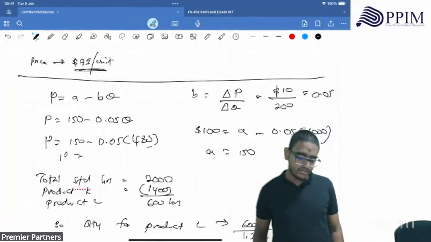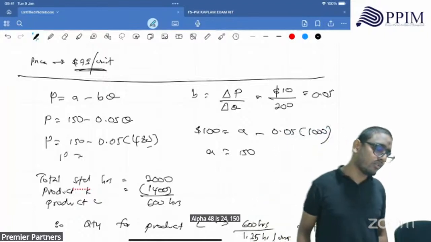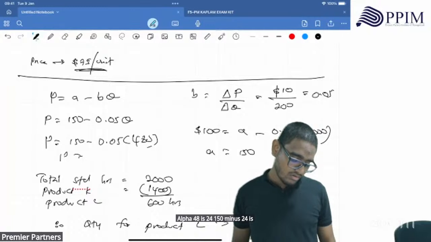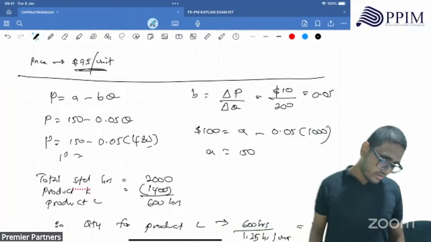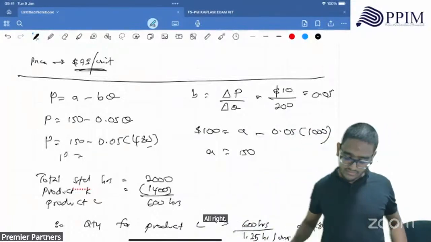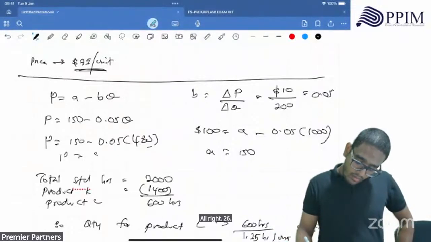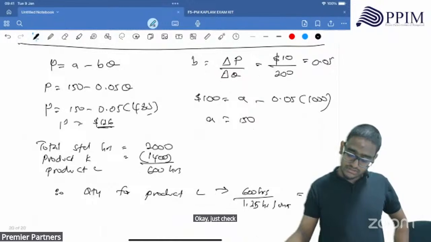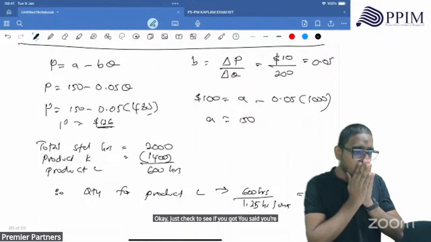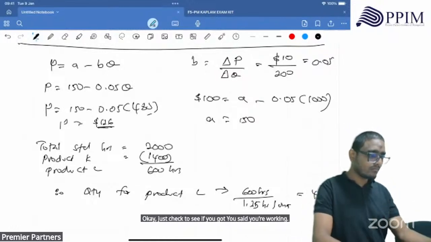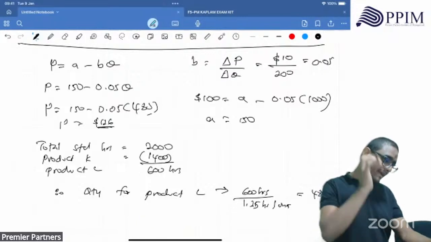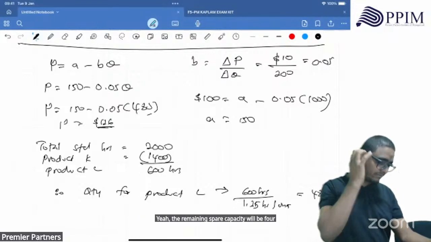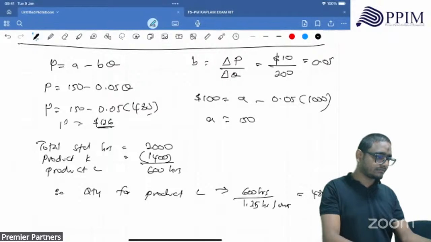Half of 48 is 24, 150 minus 24 is 126. Just check to see if you got this as your working. The remaining spare capacity will be for product L, correct?